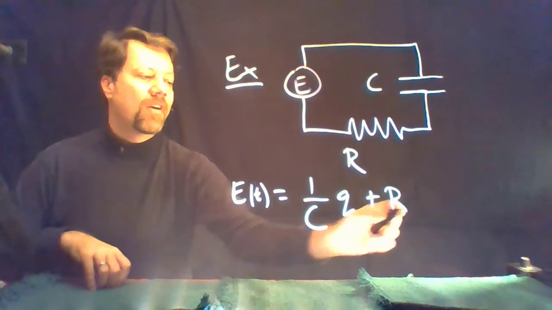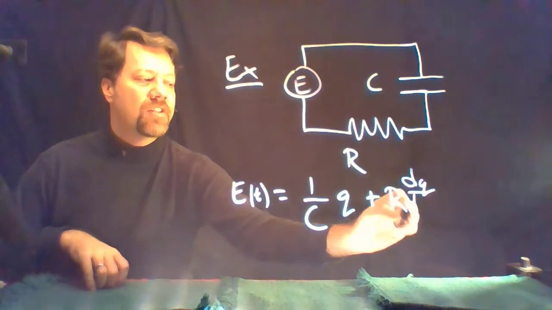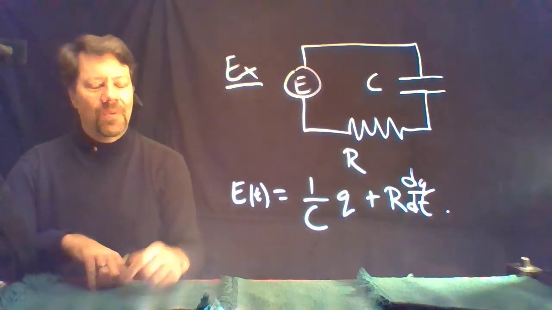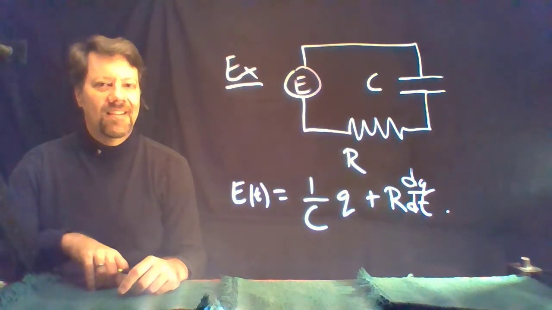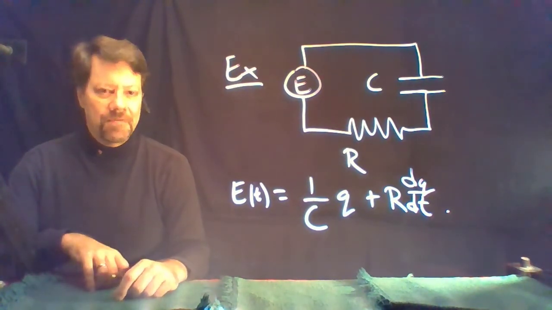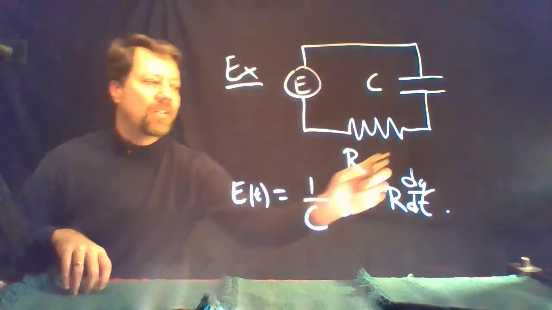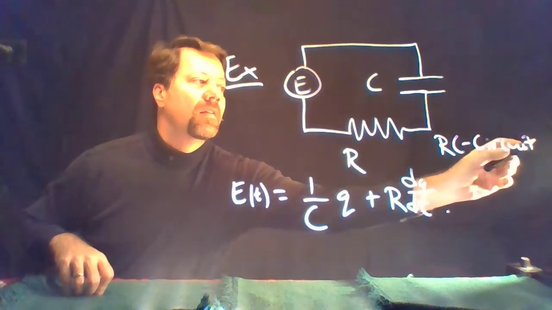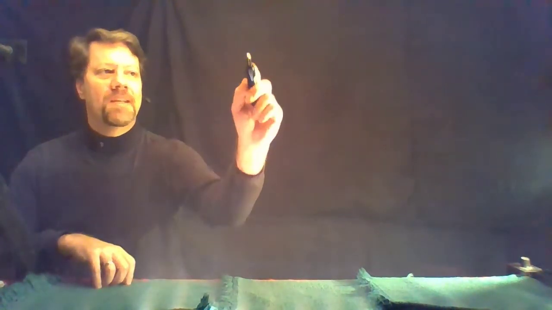The resistor will have R times I, but remember that I is the rate of change of charge with respect to time. What kind of differential equation is that? Yep, that's first order linear. And these circuits are called RC circuits.